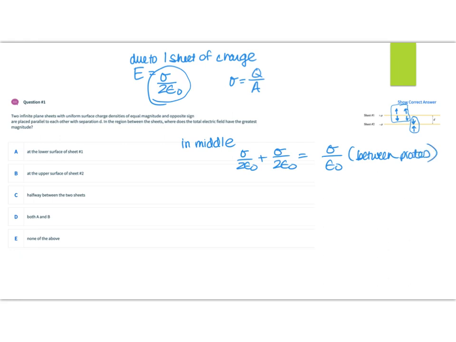One of the things we learn in our reading is that these fields are uniform. We don't really talk about them dropping off as we go away. So technically, the field would be the strongest halfway between the two sheets, but honestly, it would be anywhere between the two sheets. It should have this final magnitude.